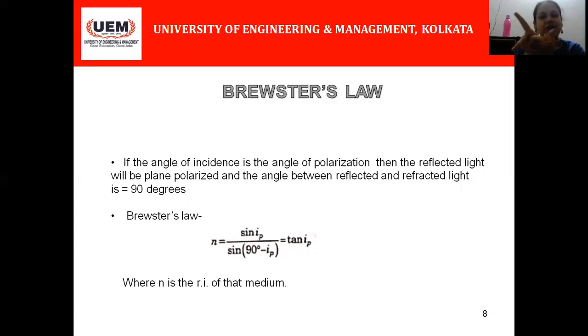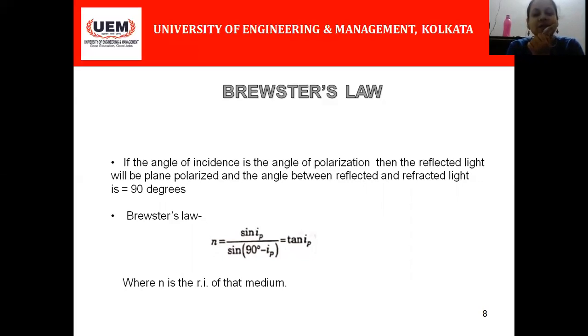So the angle between reflected and refracted light is 90 degrees. And we know the angle of incidence equals the angle of reflection. So if the angle of incidence is IP, then the angle of reflection is also IP. So the angle of refraction would be 90 degrees minus IP, because the total angle along a straight line is 180 degrees. So sine IP by sine of angle of refraction reduces to sine IP by sine of 90 degrees minus IP, that is sine IP by cos IP, which is tan IP.